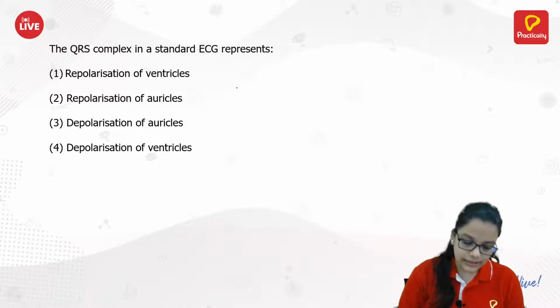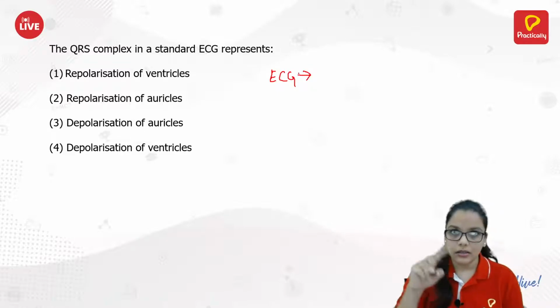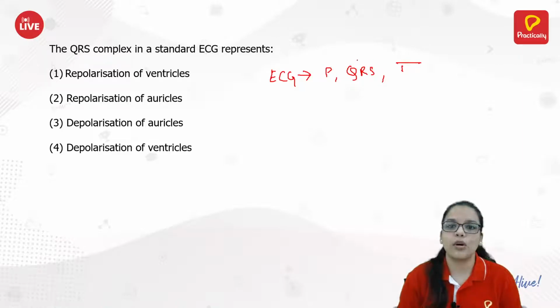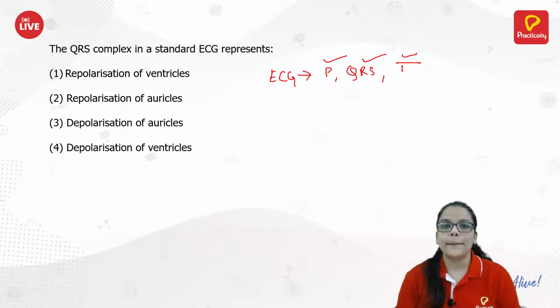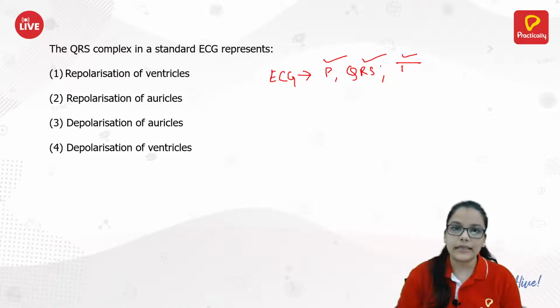See, the ECG is represented by 3 curves, that is the P, QRS and T. This is kind of a complex curve. There is P, QRS and T, and each of them have different functions, which shows up in ECG.